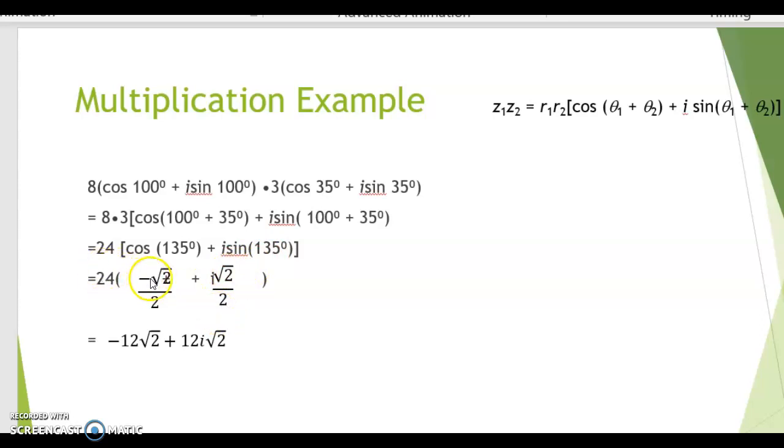Now distributing, multiplying both values by 24, and simplifying, multiplying 24 times negative square root of 2 over 2 gives us just that, and 24 divided by 2 is 12. And the problem is complete after the distributing. Final answer of negative 12 square root 2 plus 12I square root 2.